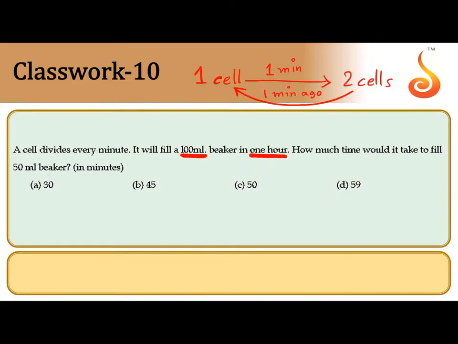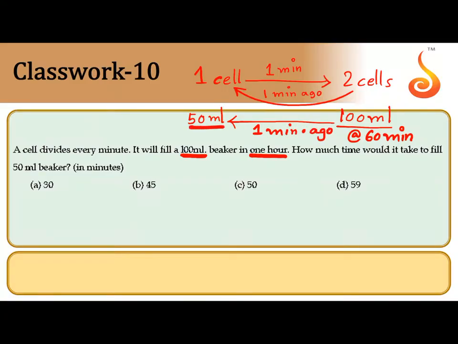Similarly, if it fills 100 ml of the beaker at 60 minutes, when will it fill half, that is 50 ml? 1 minute ago, so 60 minus 1 minute is 59 minutes.